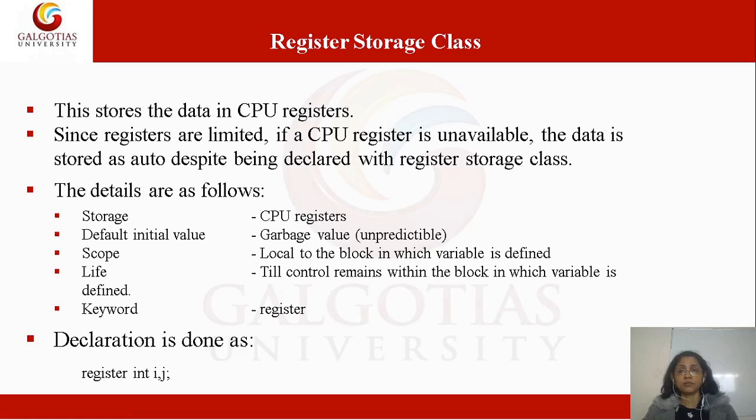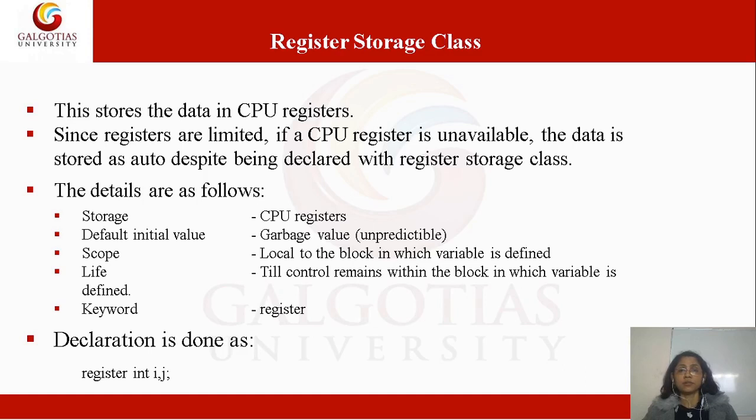Similarly, for the register storage class, if you declare the storage class of a variable as register, then the variable is a register variable. But in this case, students, remember one thing: although you want to make a variable a register storage class variable, it is not an obligation for the compiler to keep it in a register, because as all of you know, the number of registers is limited.